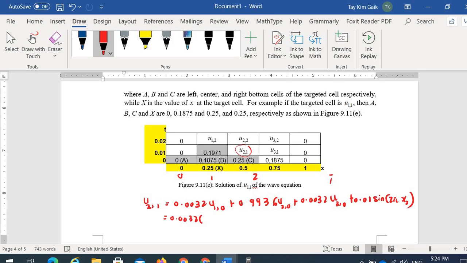U10, this value 0.1875 plus 0.9936 U20, the value here 0.25 plus 0.0032 U30, this is 1, 2, 3, 4, 0.1875 plus 0.01 sin 2 pi. Okay, x2 value is 0.5.